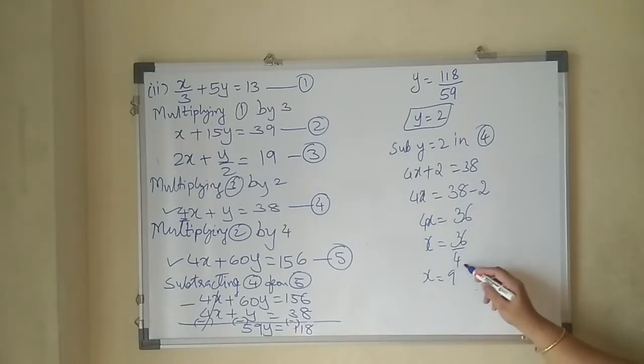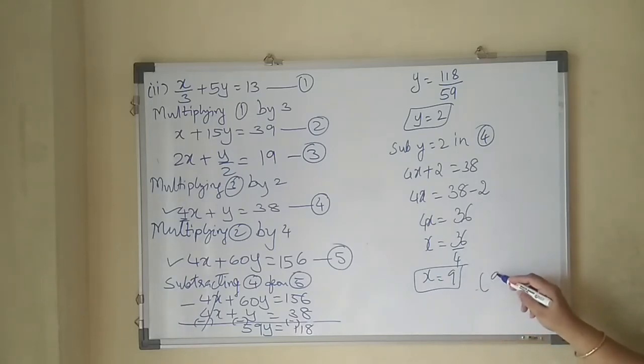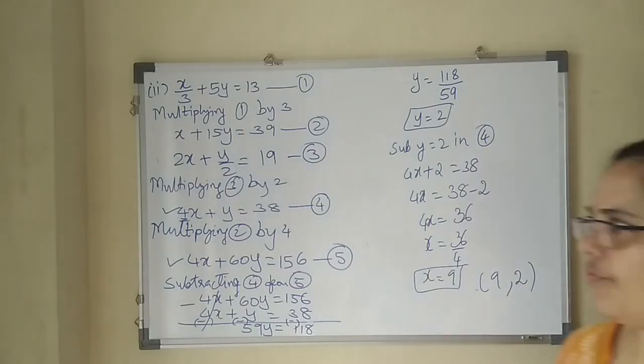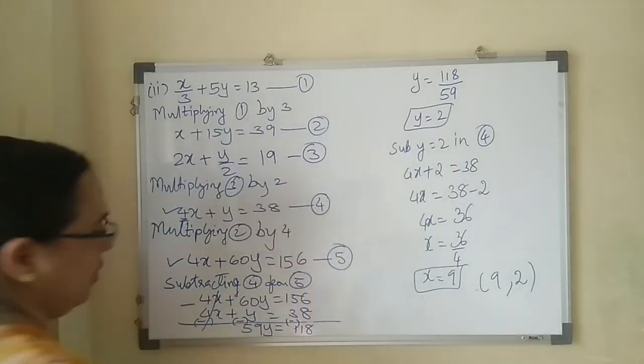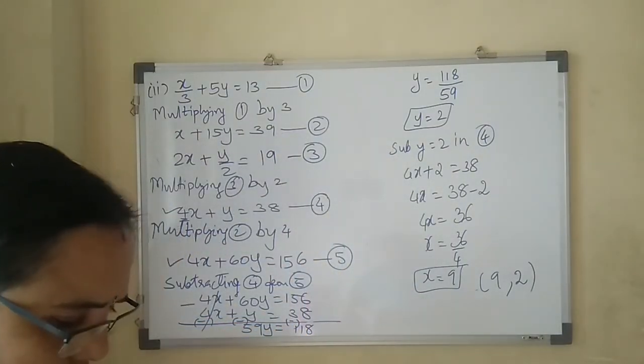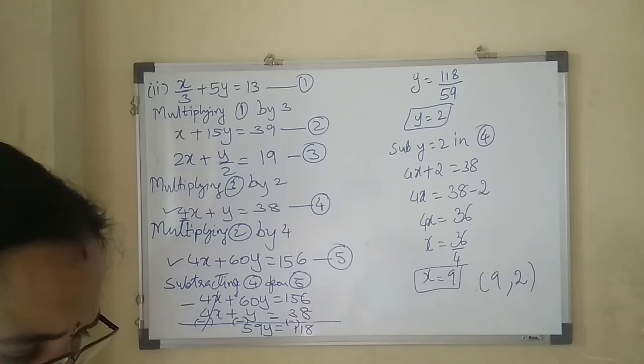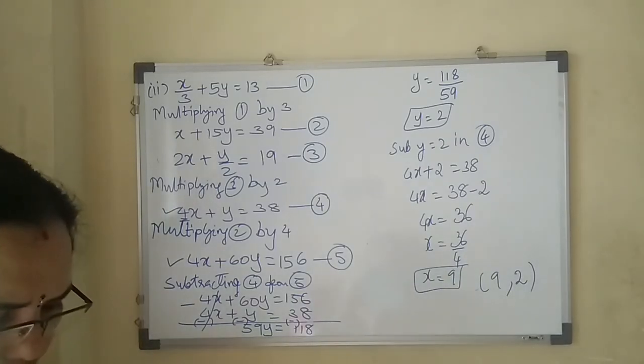So x equals 9. So 9 comma 2 is the solution here. Okay, with that we go for the third one. And the third sum is very different, girls. So please pay attention carefully to complete that sum.